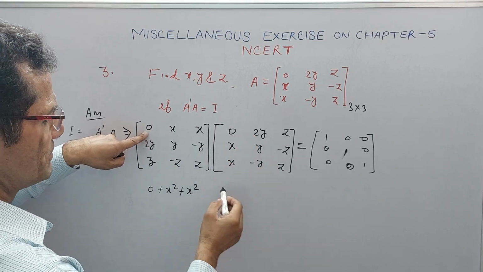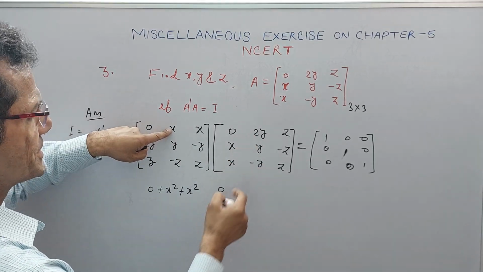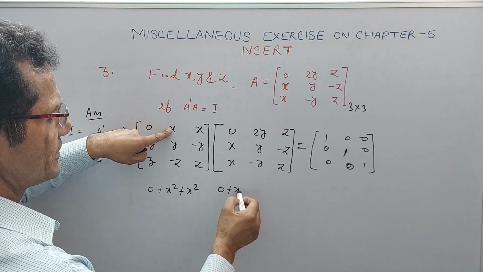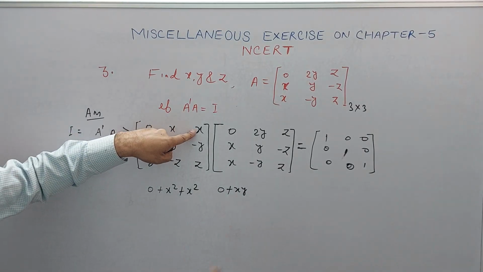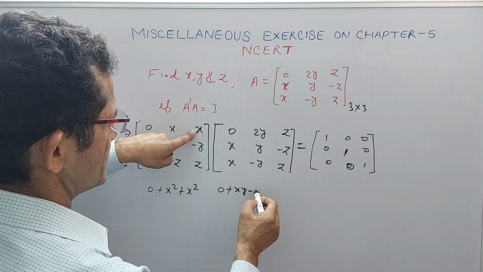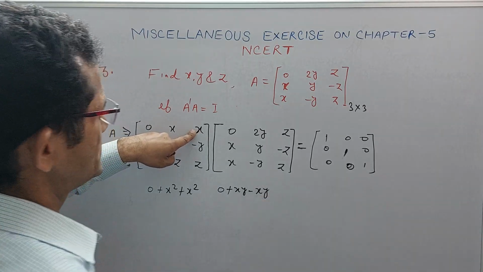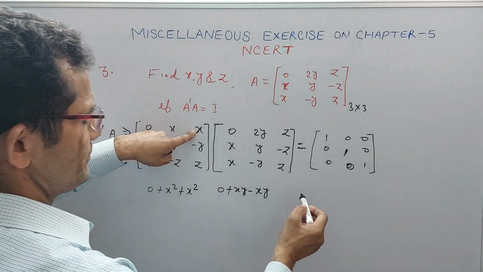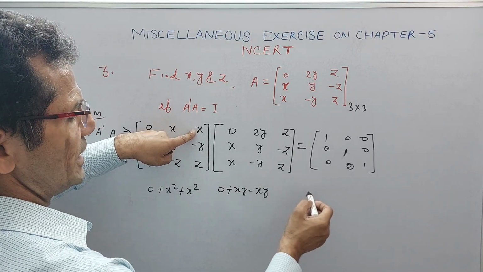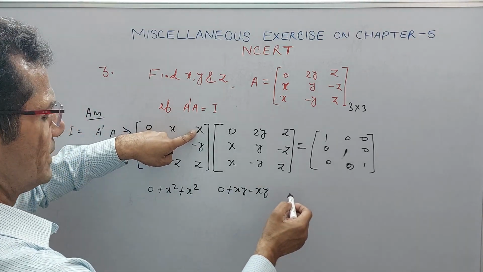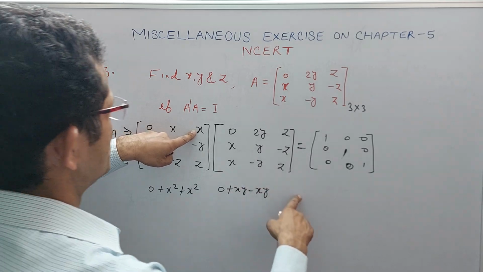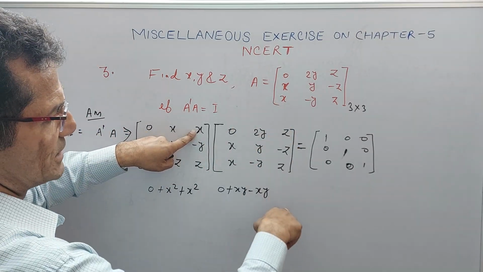0 into 2y is 0, and x into y is plus xy, and x into minus y is minus xy. Now the third entry of the first row uses the third column.